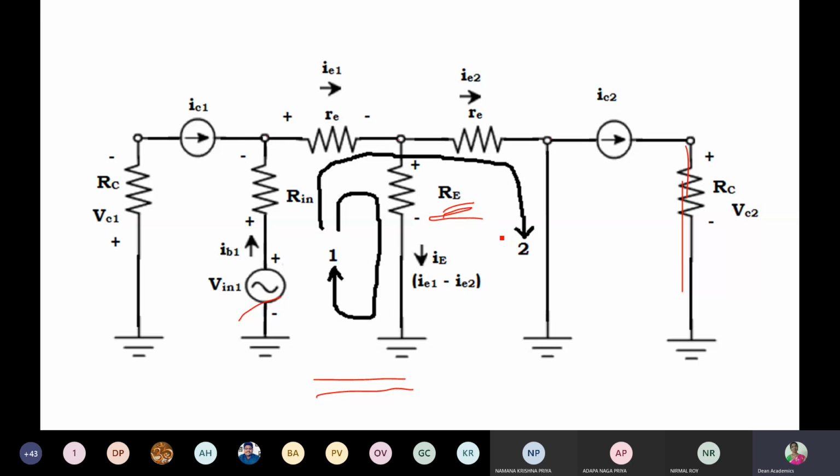We calculate IE1 and IE2 in terms of the input voltage and other resistances, and after that we substitute IE1 and IE2 in terms of IC1 and IC2. Finally, we want to calculate the voltage VC2 and the voltage VC1. That is what we are going to do. Have you drawn this equivalent circuit?